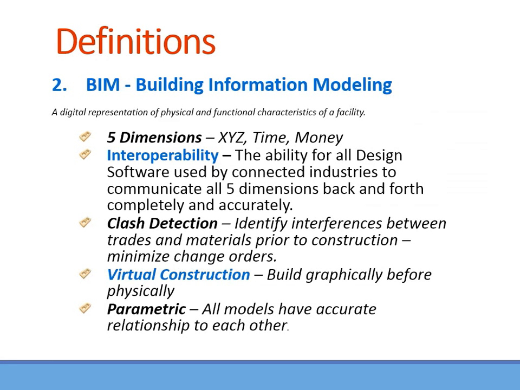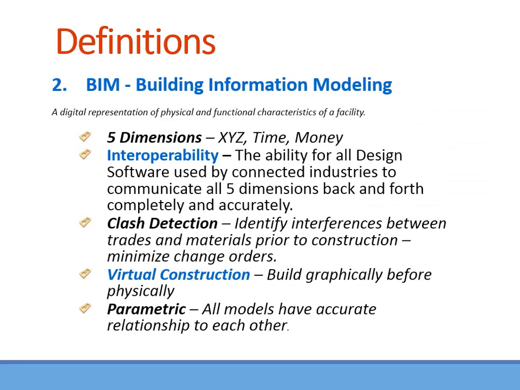There are a lot of mason contractors on this webinar today. Some of you are using Tradesman or some software to create walls using BIM. Well, there's no connectivity, or very limited, between that and the architectural or structural software. So interoperability is to create the communication between those.